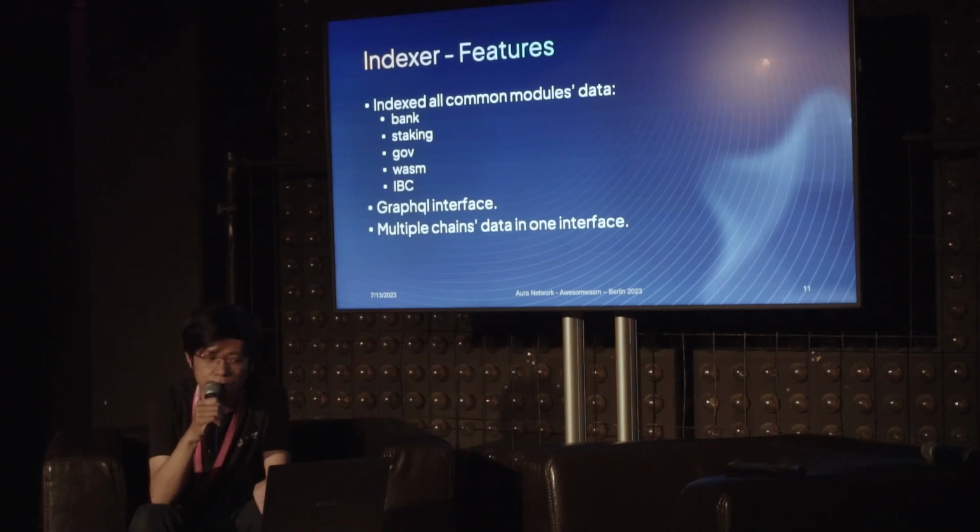So we can easily query what event happened in what contract at any point. Then we put all of them in a GraphQL interface, with multiple chains in one interface actually. This is not only helping the app developer but also helping aggregators and data analysts as well.